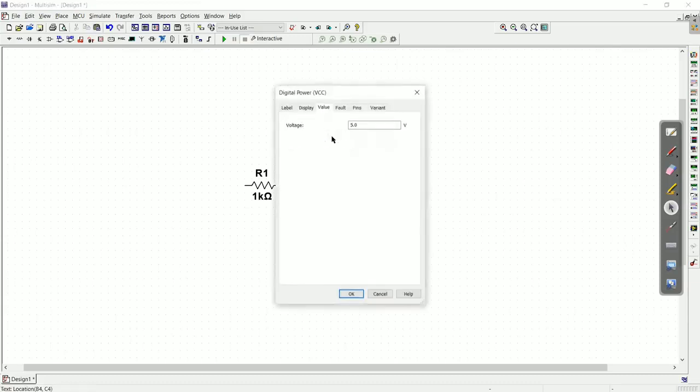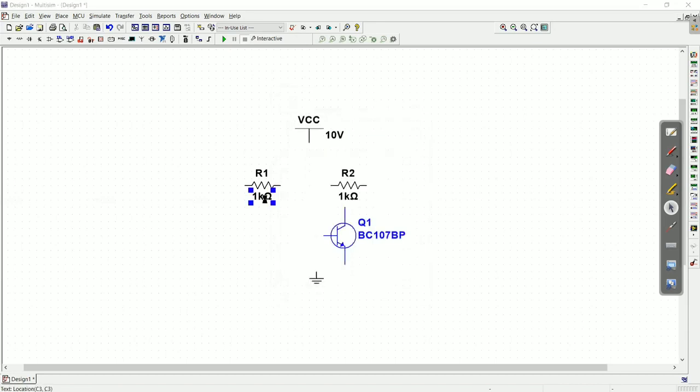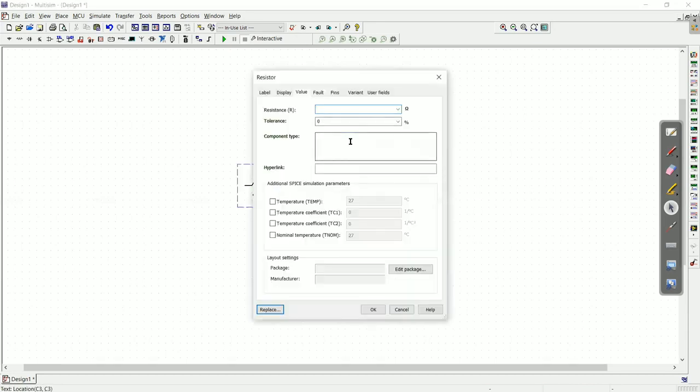Now we can change the values. We need VCC equal to 10, so double click on it to change it. On double clicking the components, we can change their values.